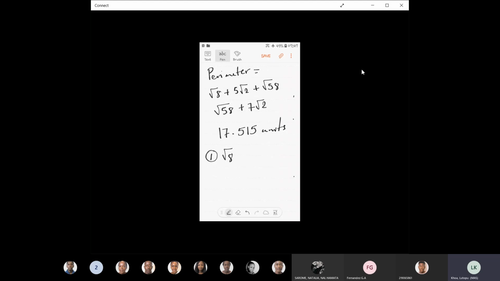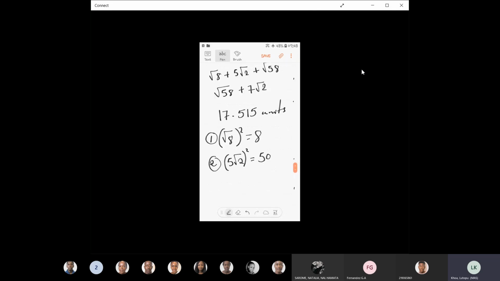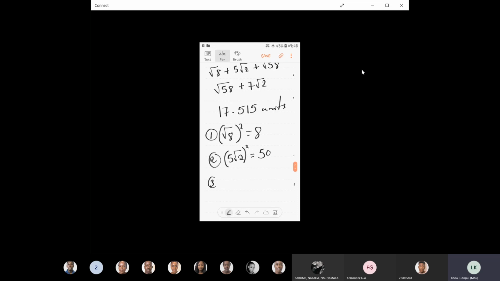When I square this one here, I get 8. Side 2, I have 5 square root of 2. When I square this, this is 50. And square root of 58, when I square this, I get 58. And then here you can see that if I was to add these two sides, I would get the square of the other side.